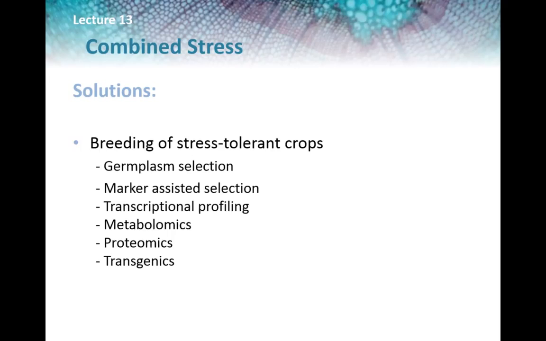Breeding of stress-tolerant crops is considered the most efficient strategy to maintain yield in stress-prone marginal land. Germplasm selection, marker-assisted selection, transcriptional profiling, metabolomics, proteomics, and transgenics are all techniques that are currently used for crop stress improvement.